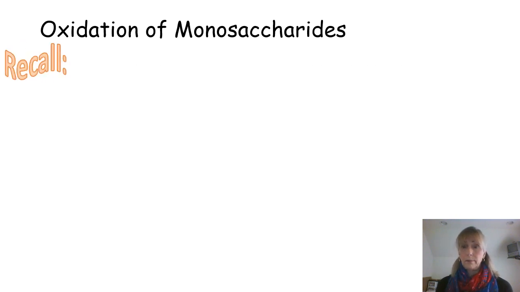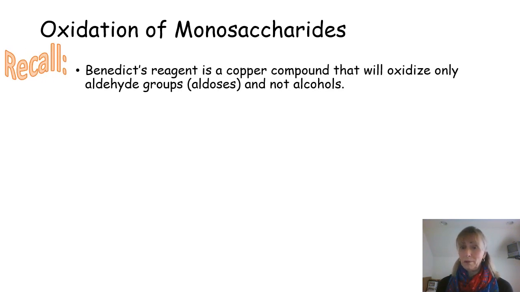Recall earlier chapter, right? Benedict's solution, Benedict's reagent. Benedict's reagent was a copper compound that would oxidize only aldehyde groups. So if we're applying this to carbohydrates, we're talking about aldoses.